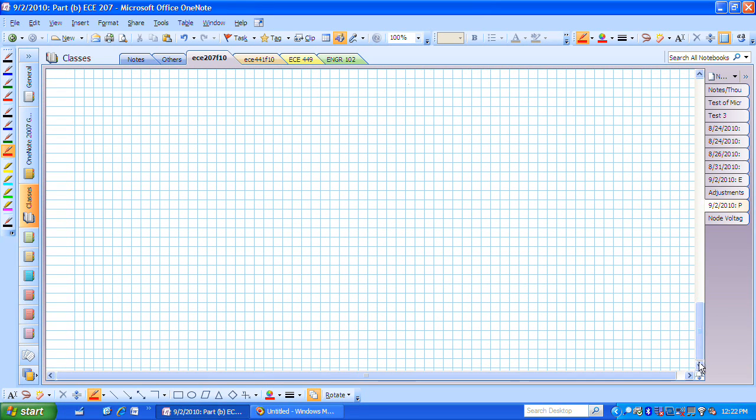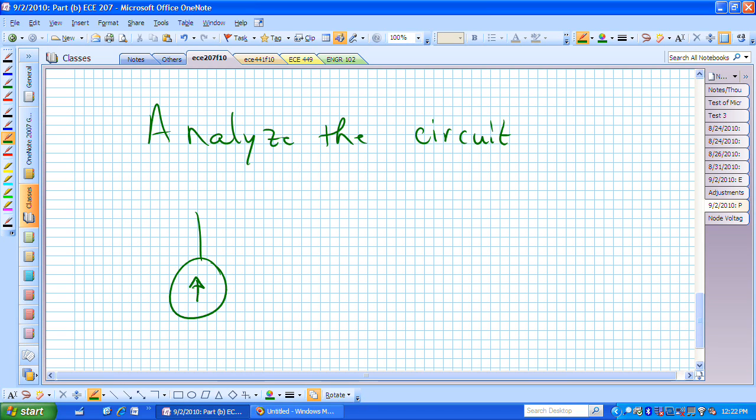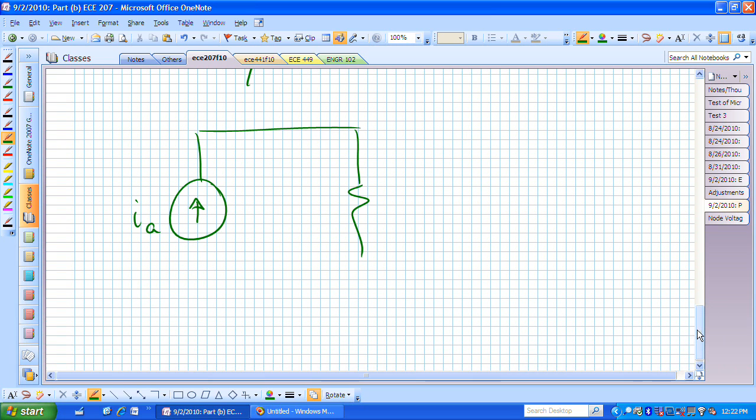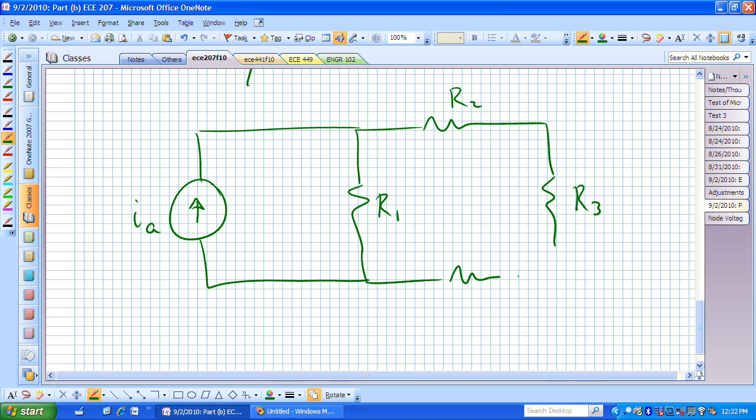What I want you to think about before the next lecture is how would you apply these nodal analysis techniques to analyze the following circuit. The circuit is a current source, call that I sub A, and then we have some resistors, R sub 1, R sub 2, R sub 3, and R sub 4.